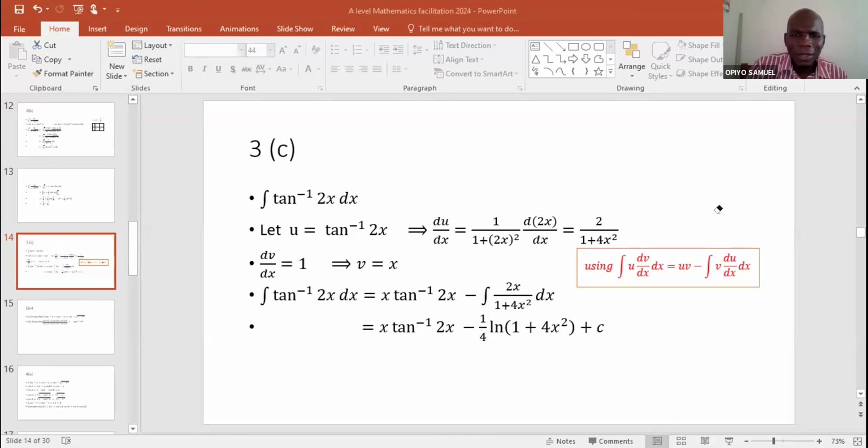So I've differentiated 1 plus 2x, all of it squared. I think we shall have 2 over 1 plus 4x squared. Okay, I've got you. Yes, this I've got, because we are squaring this bracket here.